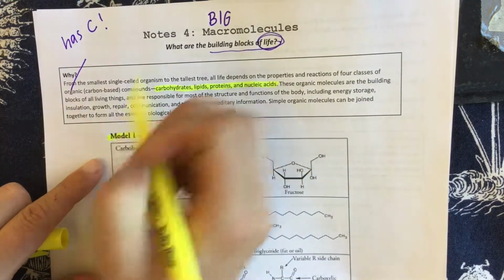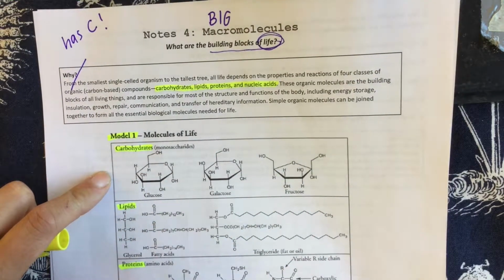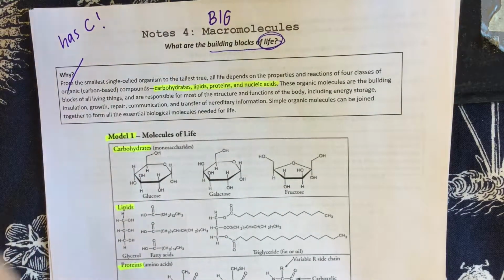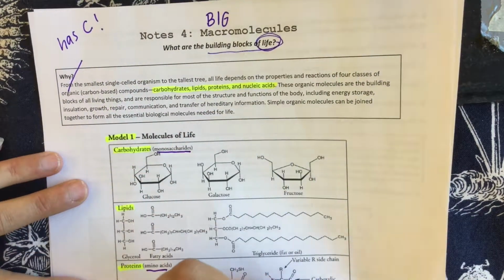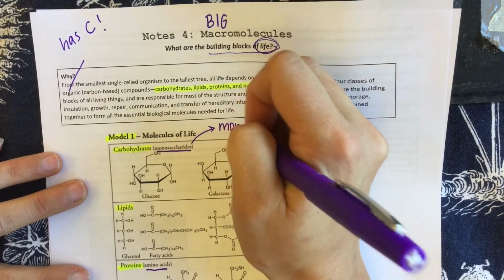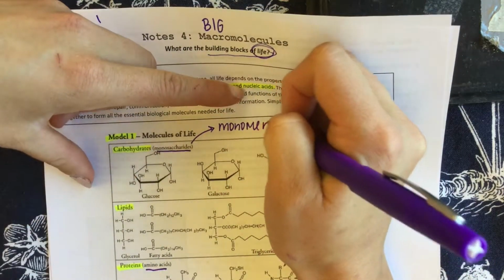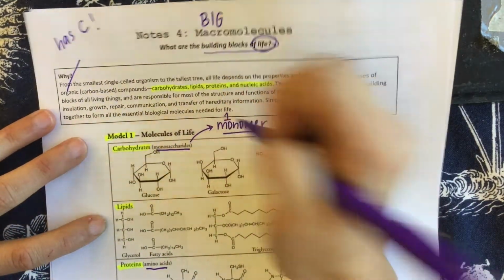So here are those 4 categories: carbohydrates, lipids, proteins, and nucleic acids. Notice that 3 of them have this word underneath. This word underneath refers to the monomer. Monomer is a fancy way of saying mono, one, individual unit.